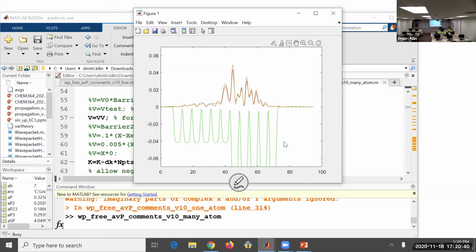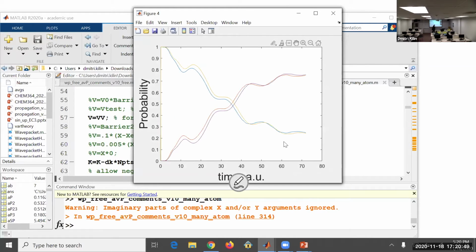So you see there's an offset of atoms, and the electron has a chance to migrate between these potentials.